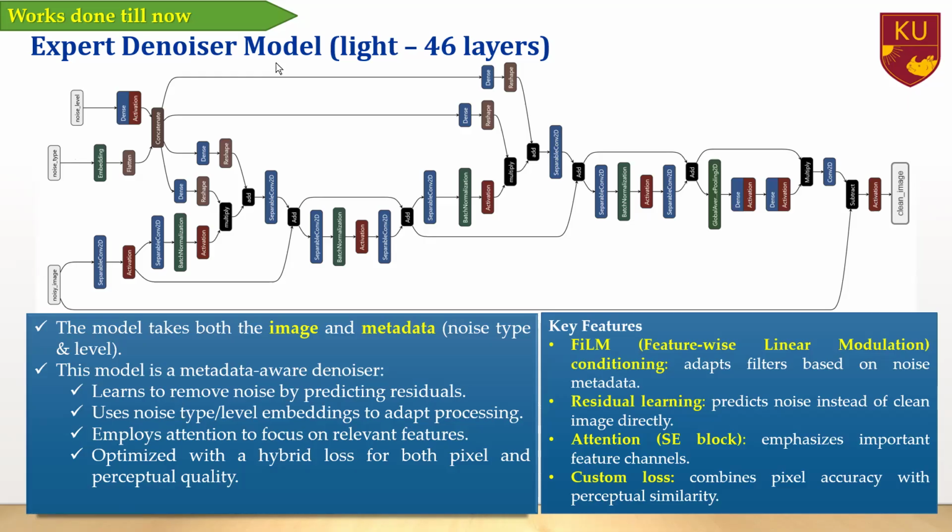The need light model has 46 layers, and this is the structure. In both models, we have used the FiLM layer, feature-wise linear modulation layer, which adapts filters based on noise metadata. I already mentioned that: based on the noise metadata, it will denoise the image. Then another model is the deep model.